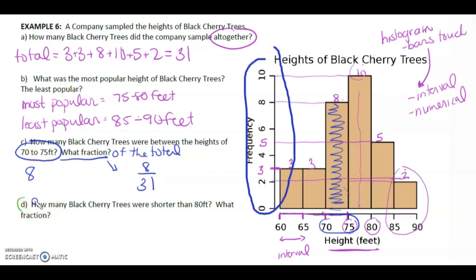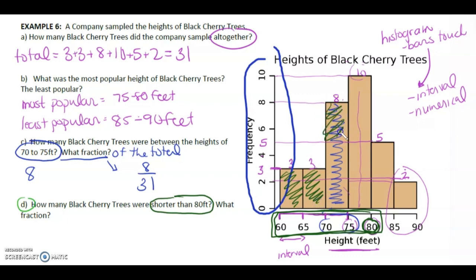Okay, and D, how many black cherry trees were shorter than 50 feet? And then also what fraction? Or sorry, 80 feet. So I'm locating 80 feet. So what we have to do is consider anything less than 80 feet. So we have to consider all of these black cherry trees.